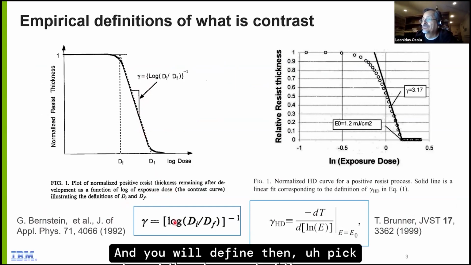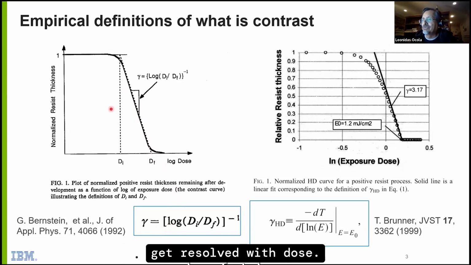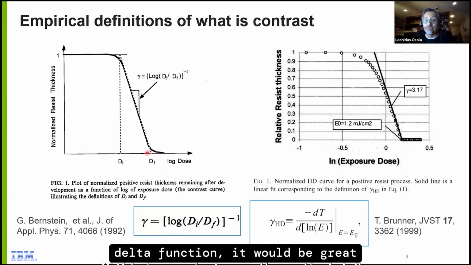You pick a threshold dose on the upper end of this positive resist, and then the other end, and voila, you get the contrast. The idea was a way of determining how fast an image gets resolved with dose. If this was just a mathematical delta function, it would be great because it's there, not there, and you get really high resolution patterning.